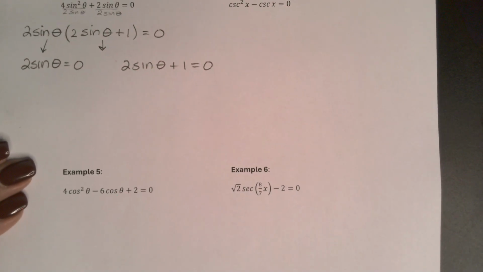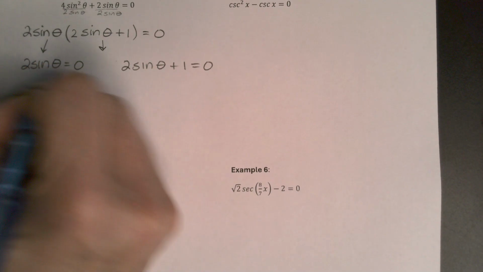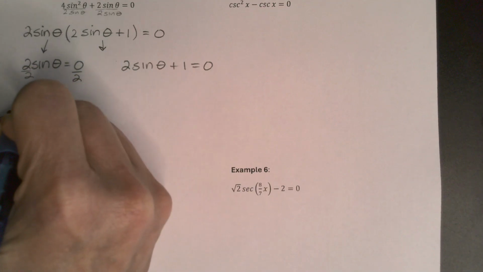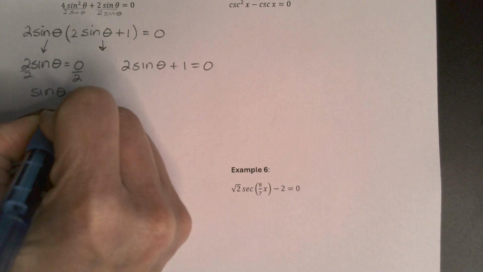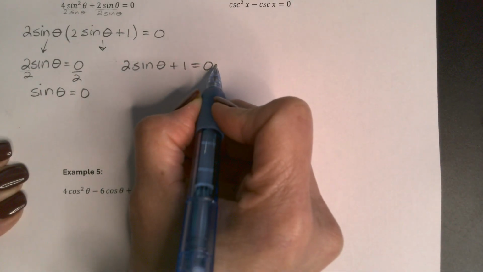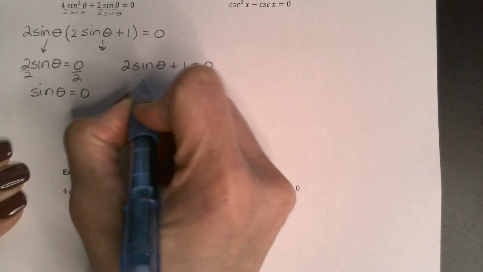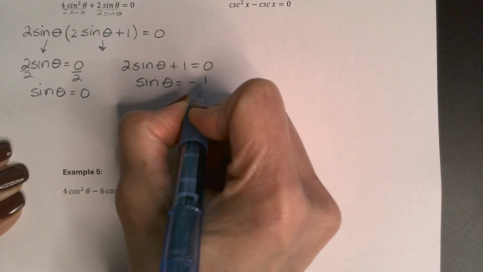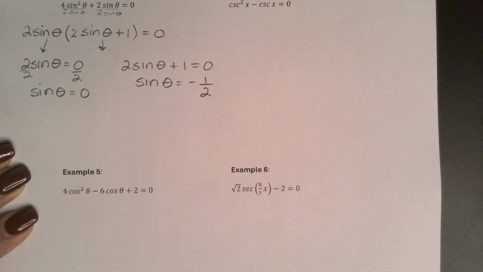I'm going to solve both of them. For the first, I divide both sides by 2, so sine theta is just going to be 0. For the second, I subtract 1 and then divide both sides by 2, so sine theta is going to equal -1/2.